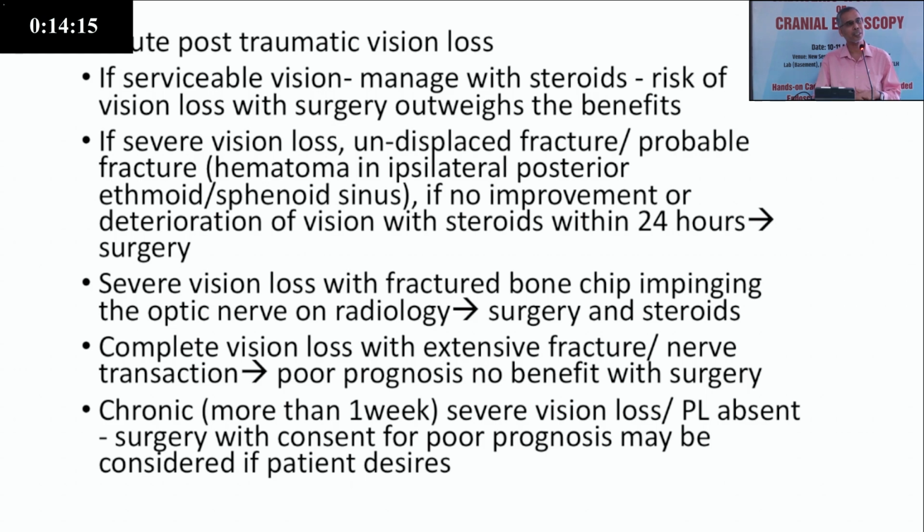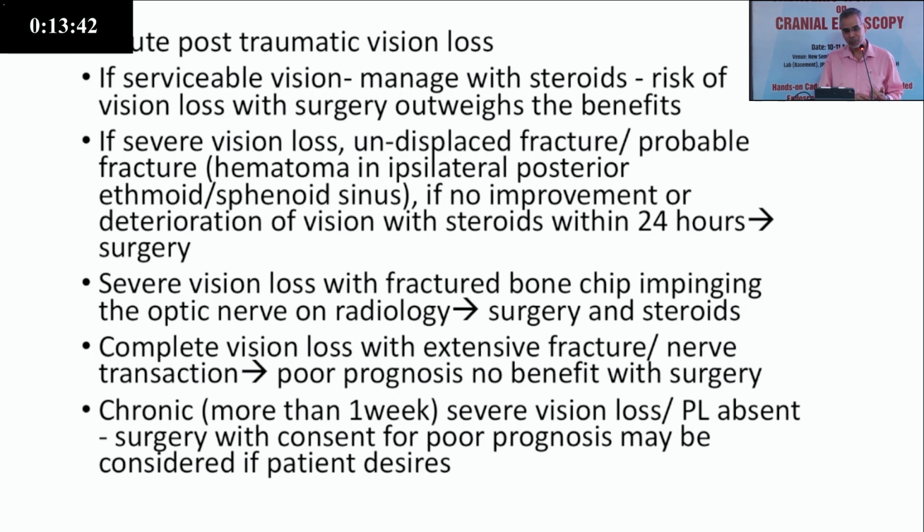The risk is much more than the benefit if there is serviceable vision. If there is a severe visual loss and undisplaced fracture or probable fracture, there might be hematoma in the ethmoid or the sphenoid sinus, and if there is no improvement, or if the vision is going down after giving steroid over the next 24 hours, then you can take the patient for surgery.